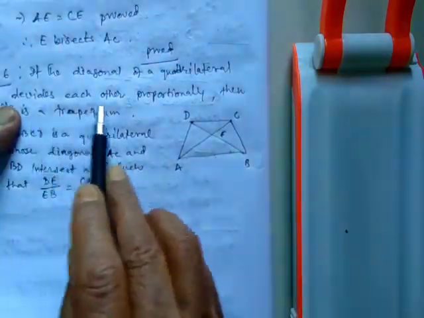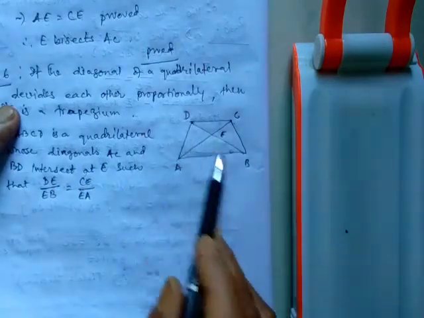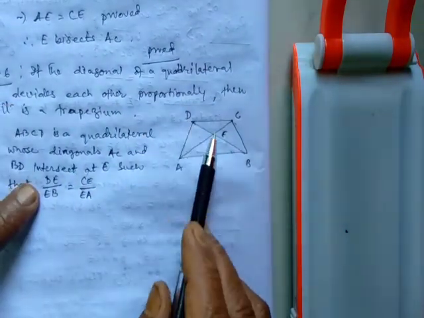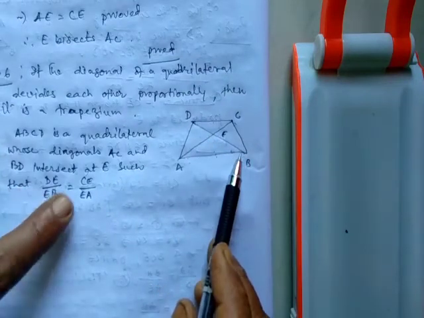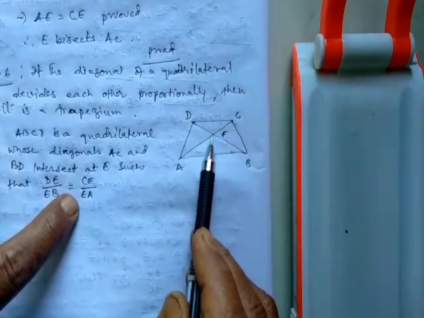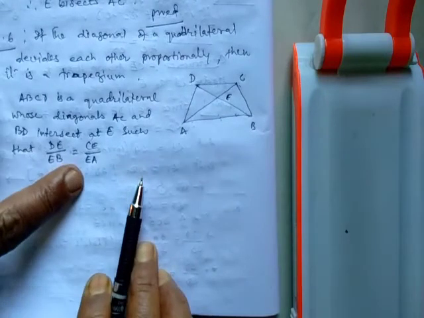That is, they are saying the diagonals divide each other in proportion, in equal proportion. So DE by BE is equal to CE by EA. This is given to us.